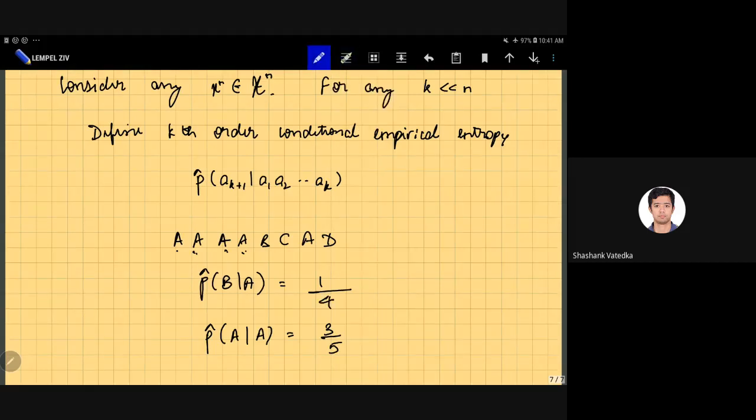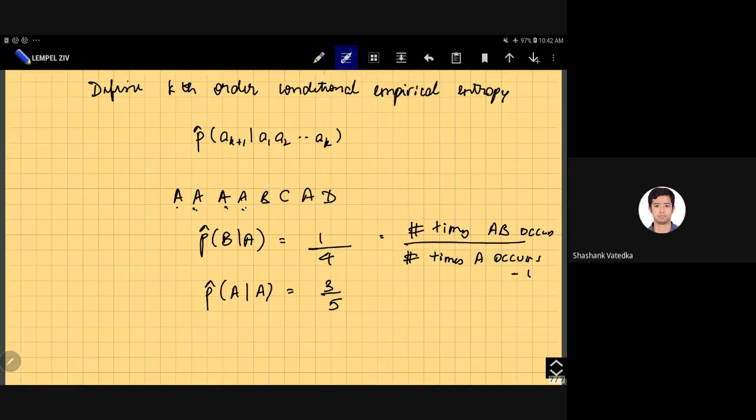So it's the number of times AB occurs divided by the number of times A occurs. So it is 1 over 5.